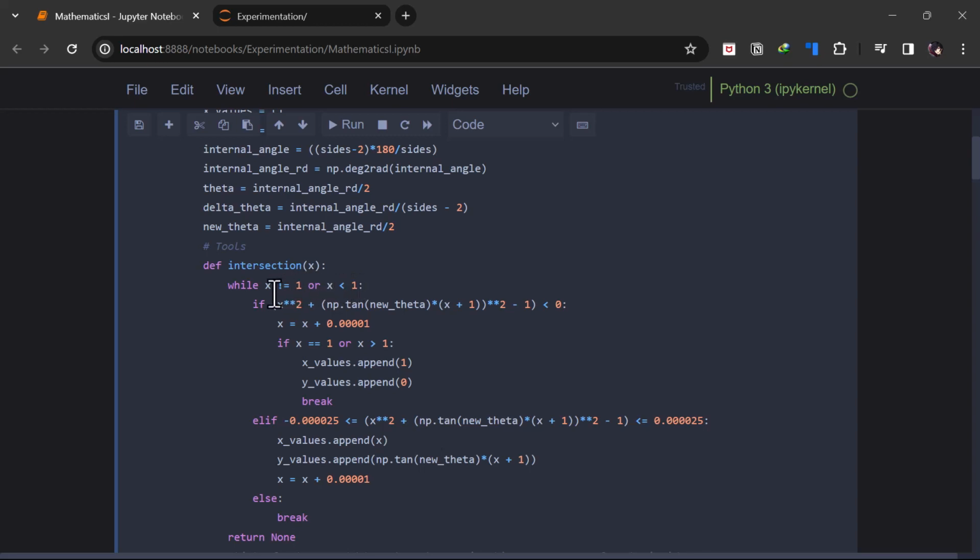If after the incrementation we surpass the value of 1, then for that case I have defined this additional condition: if the value is greater than 1, then break the loop.